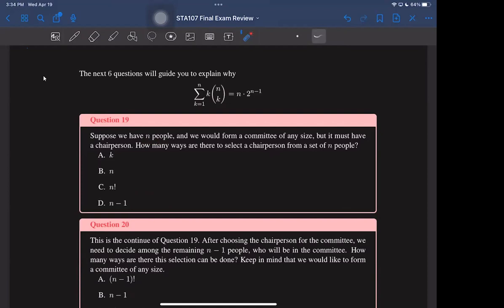If you have n people, how many choices are there if you want to pick a chairperson? Let's wait for one more student answer and I will take this up.